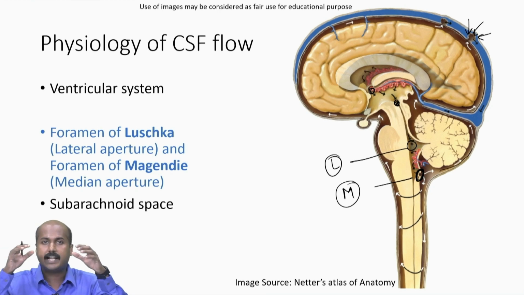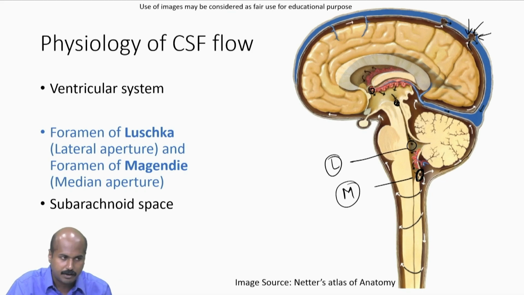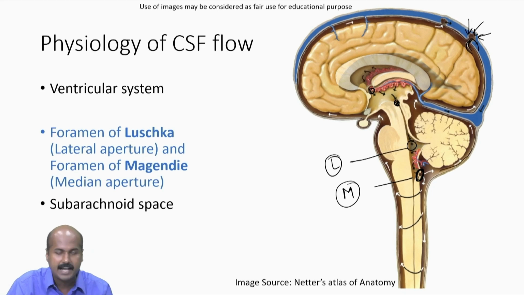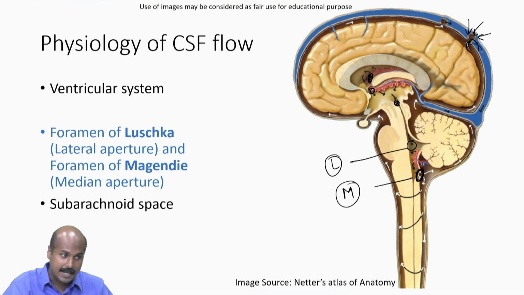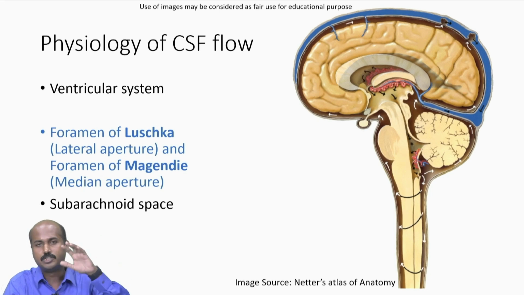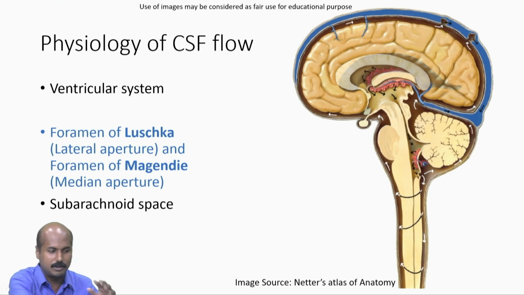It is through the arachnoid granulations that the CSF will drain out from the subarachnoid space, as you can see with this white arrow, back into the dural venous sinuses. That is how the CSF that came from the choroid plexus from the vascular channel will eventually drain back into the blood through the dural venous sinus. This is the basic understanding of the ventricular system.